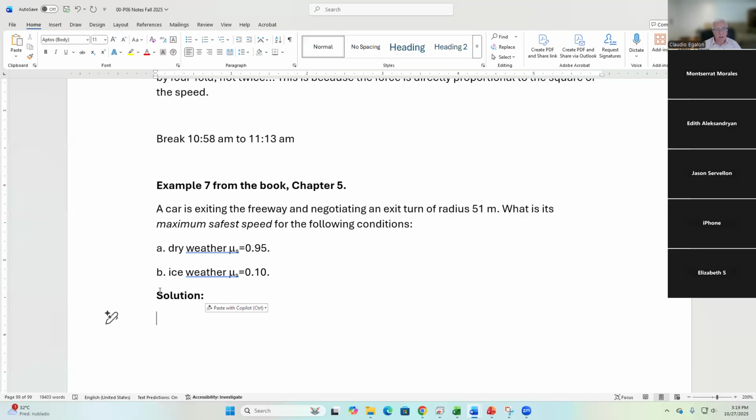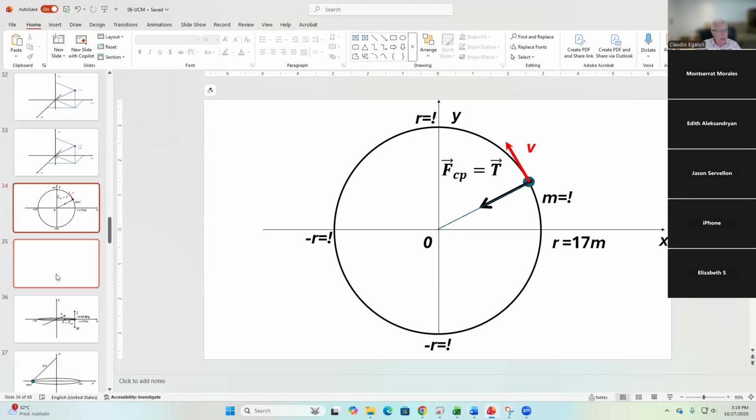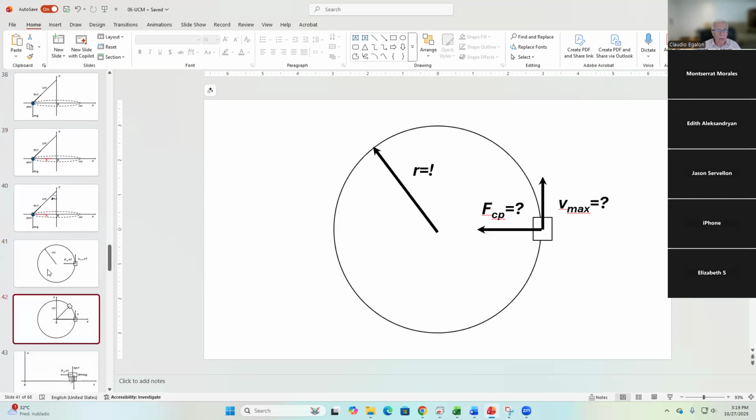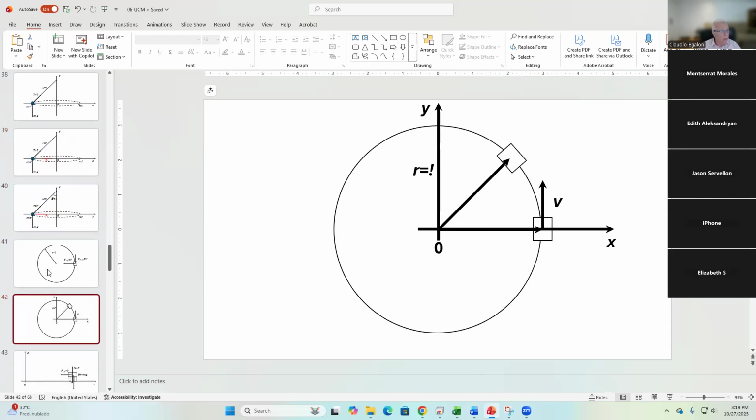If you're going too fast, you may not be able to make the turn. We can explain these problems through physics. Let me show you a slide of how this works.